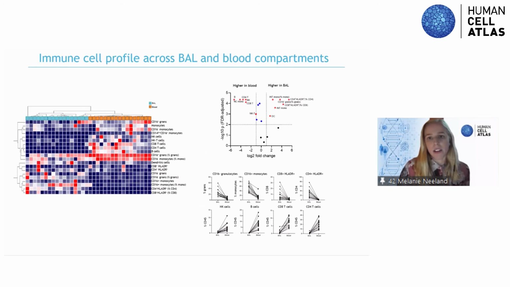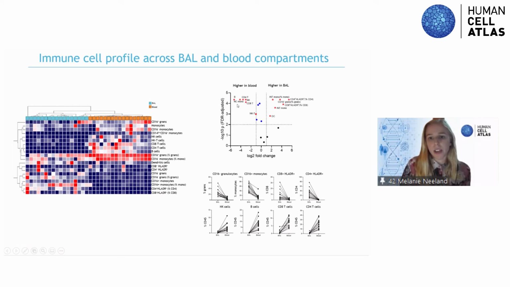As we collect BAL and blood samples from the same participants, we're also interested to compare the immune cell profile in early life across respiratory and blood compartments. And so we've done this here on the left-hand side using unsupervised hierarchical clustering. And what this does is pull out the BAL cells here in blue quite nicely from the blood samples in orange. And that's based on the immune cell profile of cells listed here.